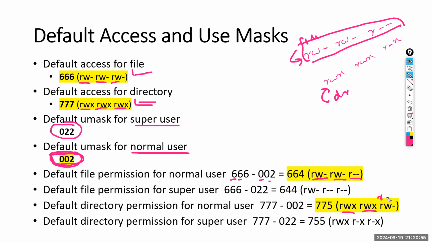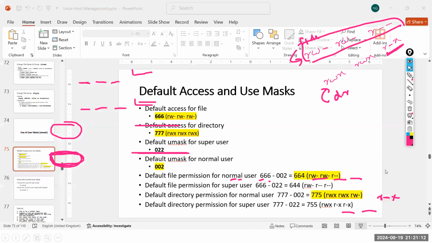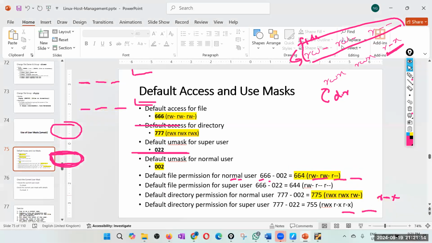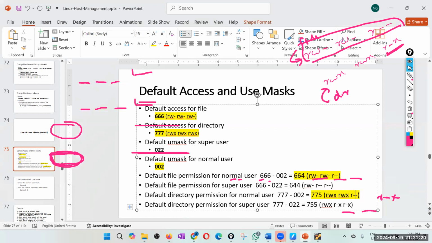It must be read, no write, execute. Now you can see it's correct here. It's a typing mistake here. It must be read, not write, execute. So let me fix that also. That is why I just shared it on WhatsApp, because I needed to fix a few issues. So you can see 775 means 7 is read, write, execute, but 5 means read, not write, execute.